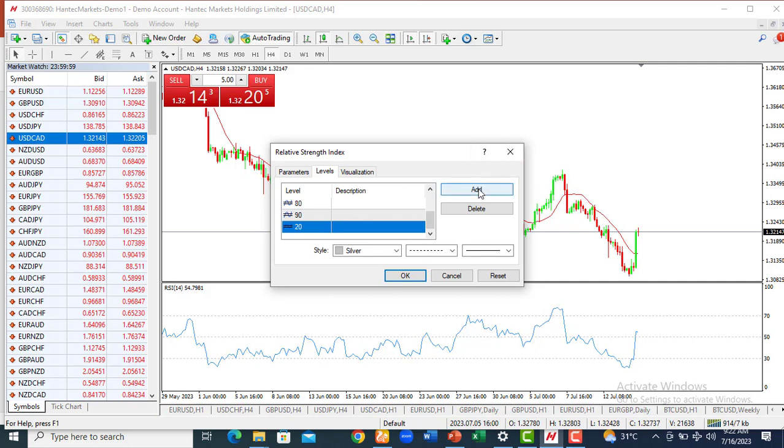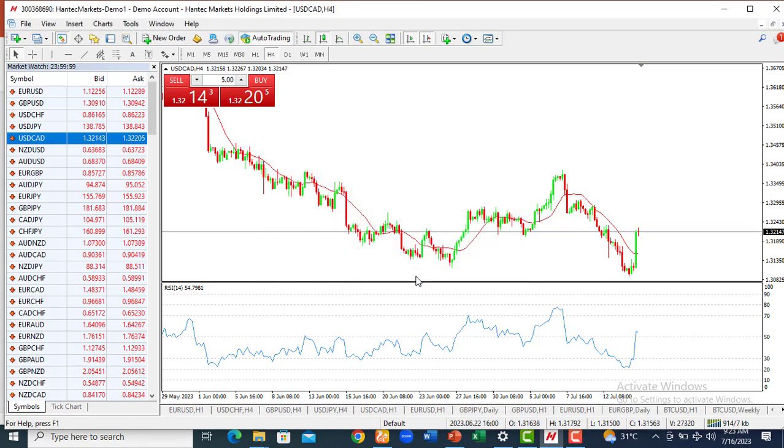I click on add. I can add 10. So all I do is OK it. So you can now see those levels I just added. We don't only have 70 here, we have 80, we have 90, we have 30, 20.